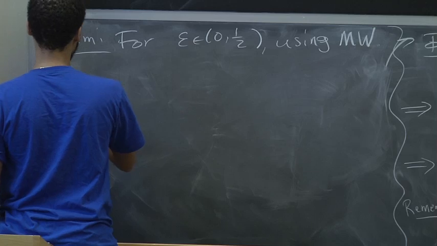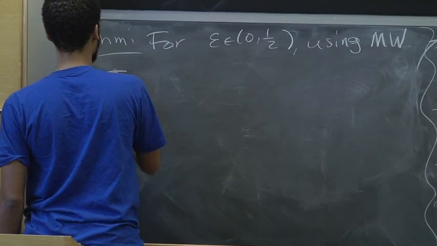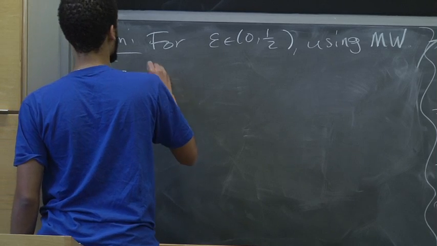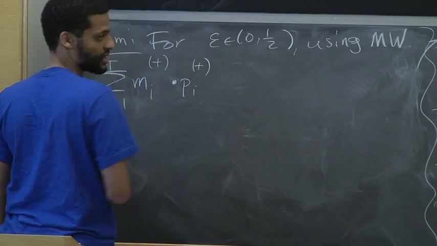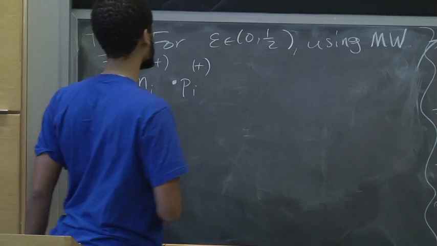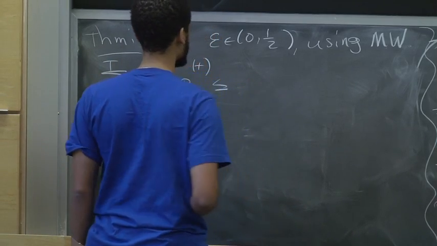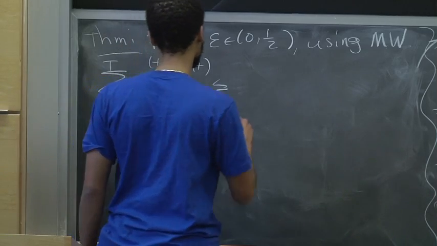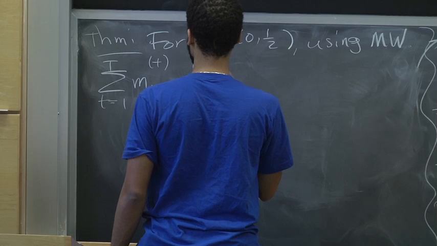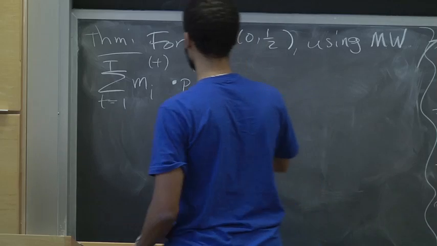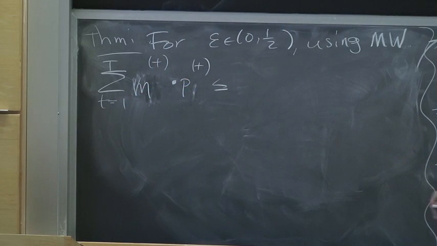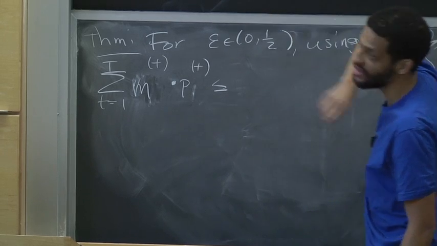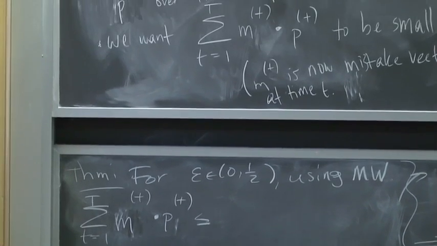So what I'm going to say here is that the sum from t equals 1 to capital T of this dot product, m of t dotted with p of t, where p is the thing that multiplicative weights outputs, is at most, this should be m of t, this should be p of t. There's no i here. m is a vector indexed by i.